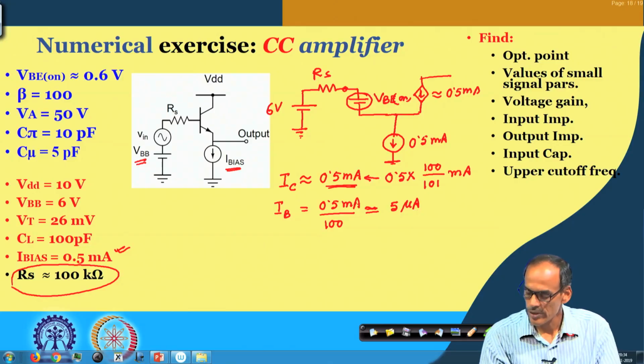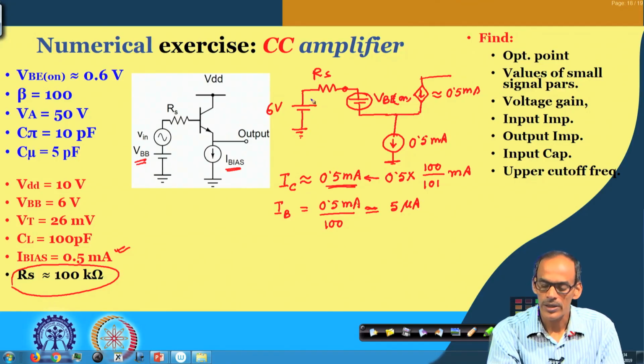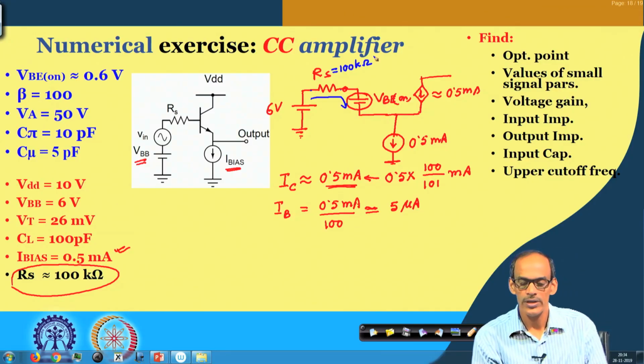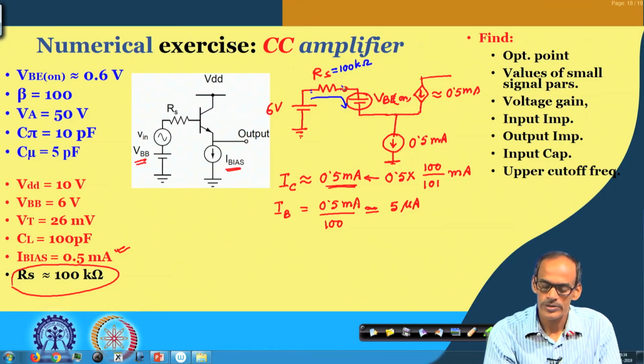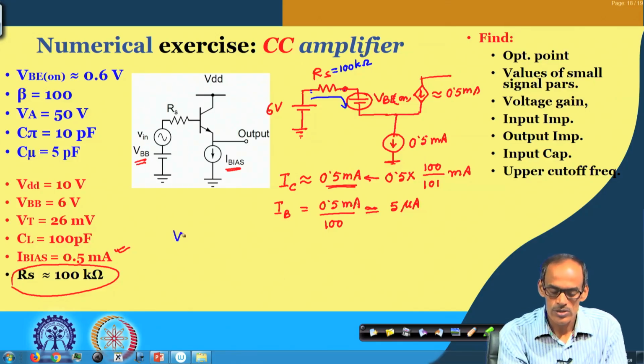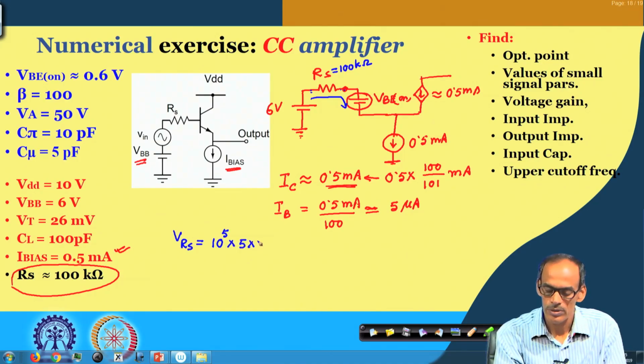Now, once we have the 5 microampere flowing through this RS, obviously there will be a finite drop here, since it is a 100 kilo ohm resistance, which is quite large. So, we need to see the drop across this resistance. The voltage drop across RS equals 10 to the power 5 times 5 into 10 to the power minus 6.